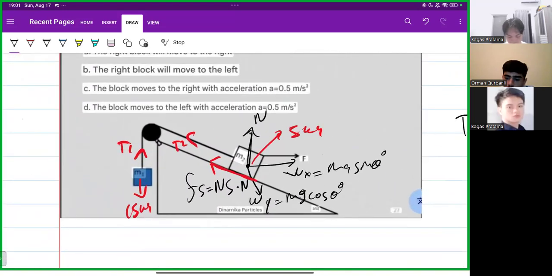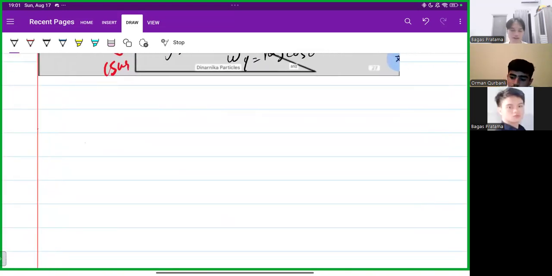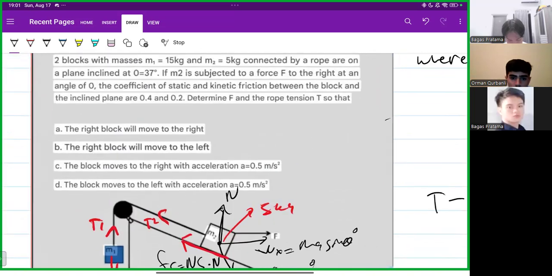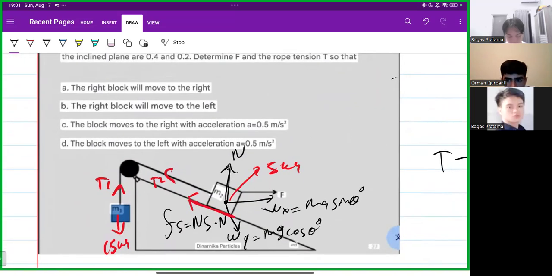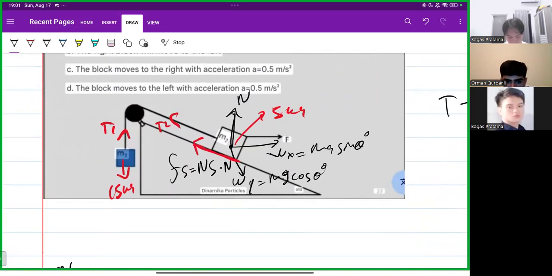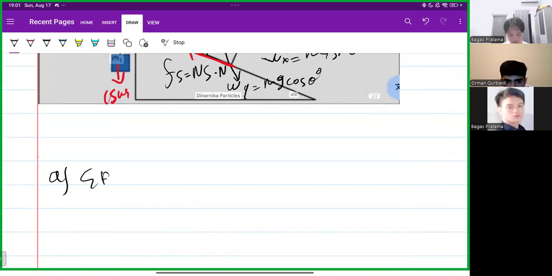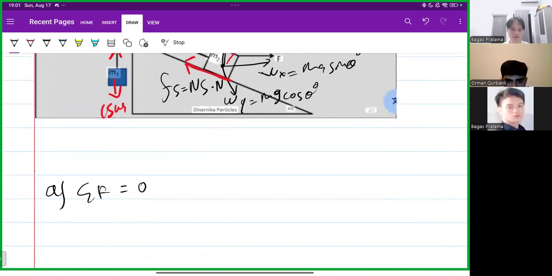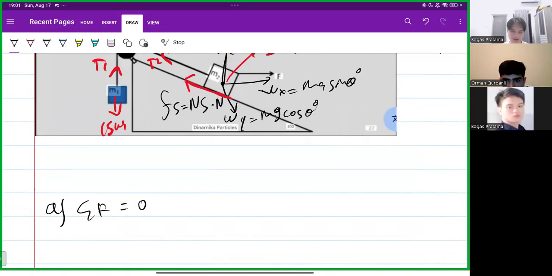Okay, so we again start finding the force. The block will move to the right. We shall begin with sigma F equals 0 because we are using the physics first Newton law and the second Newton law.